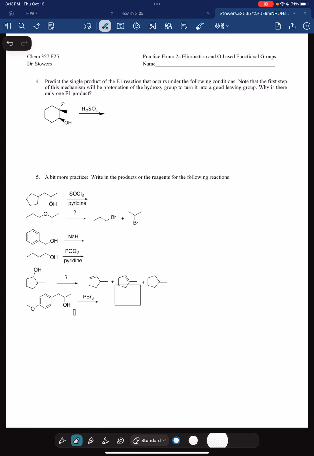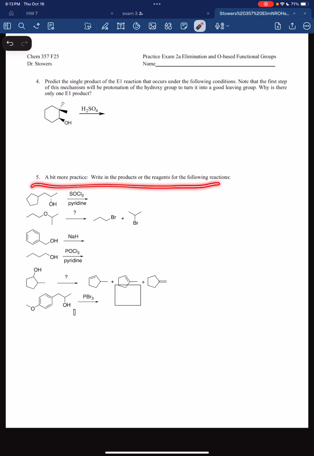A bit more practice: write in the products or reagents for the following reactions. Okay, this is where I was talking about it. I think it's going to take a while to intuitively know how SOCl2 and pyridine are going to affect the stereochemistry of this carbon and how the substitution is going to happen.